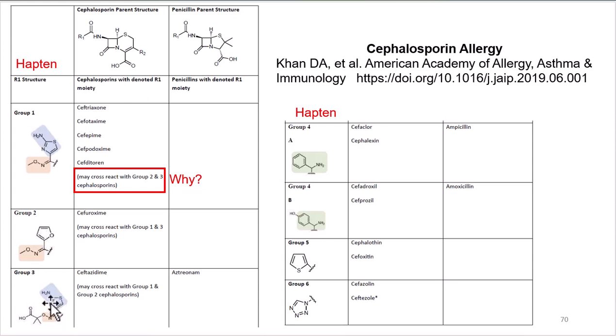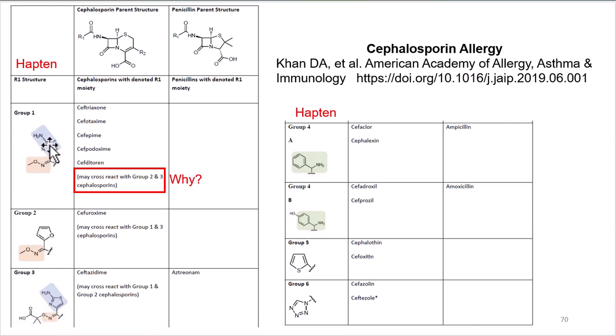Or here, group 1 and 3, if the antibody is made against this hapten, then we can understand it maybe would hit group 3. But why group 2? And here you see it's because they share this methoxyamine group in common. So if the antibody is made to recognize that group, then you could have cross-reactivity.